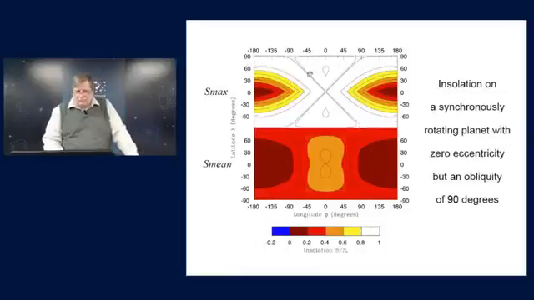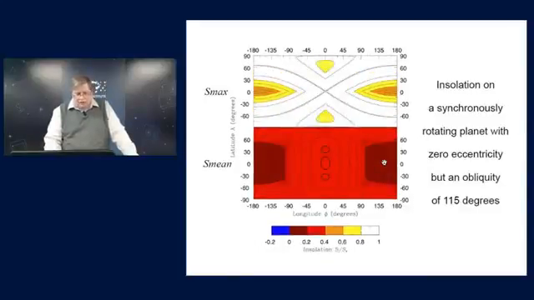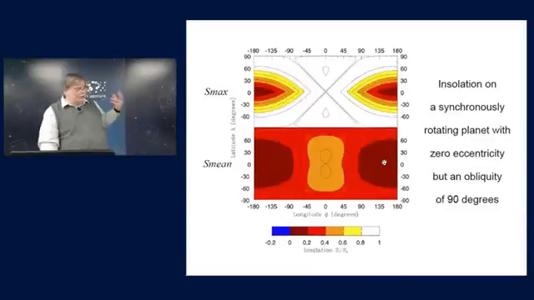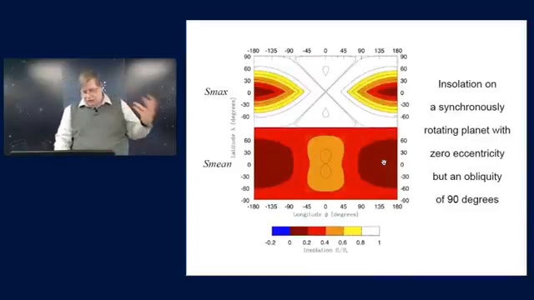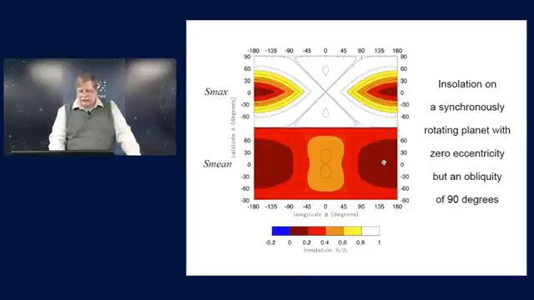And now there is no point on this planet where the insolation vanishes entirely. There are some areas that have pretty low insolation, but it never goes to zero. And so that means that the climate is going to be a lot milder than in the previous case.